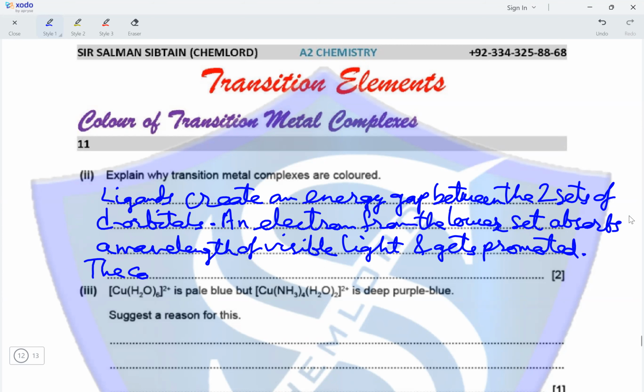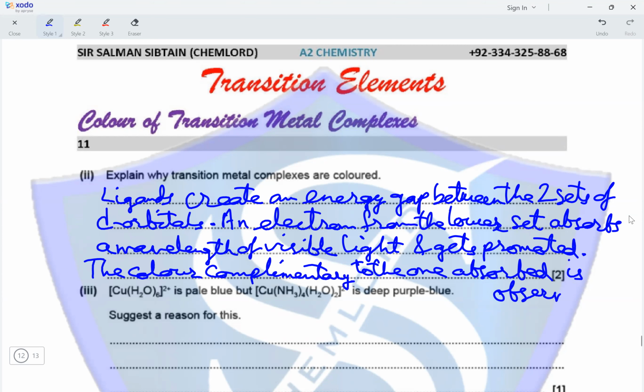The color complementary to the one absorbed is observed.